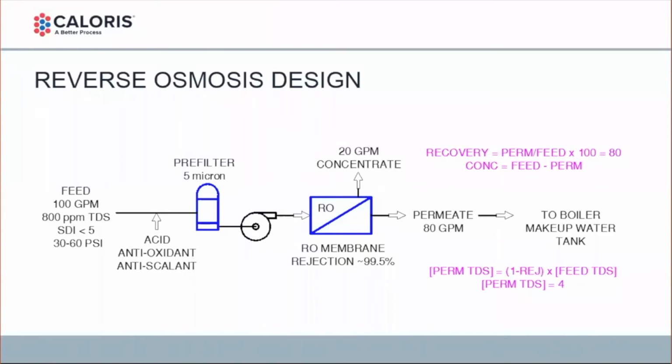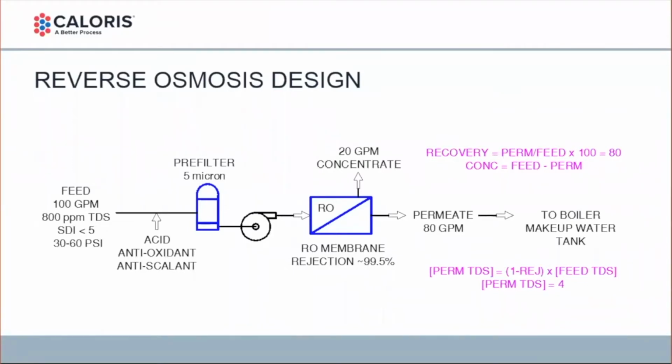One other process thing, a rule of thumb, if you want to know how clean your water is going to be on the RO, you can use the formula: permeate TDS is going to equal 1 minus the rejection times the feed TDS. So our rejection for this RO membrane is 99.5%.